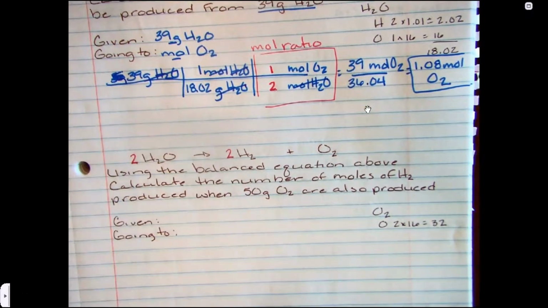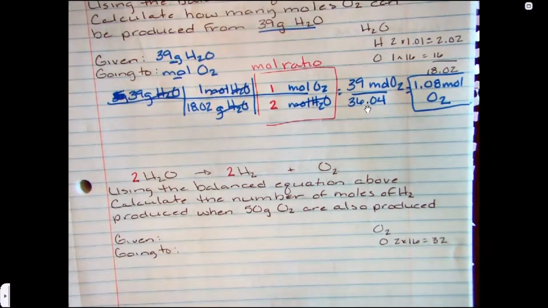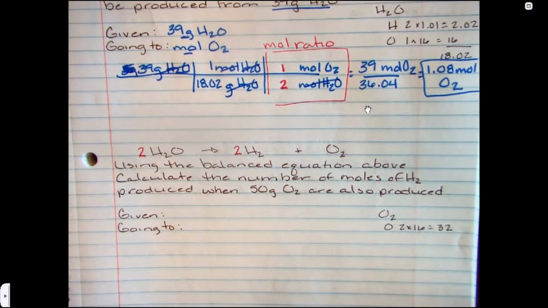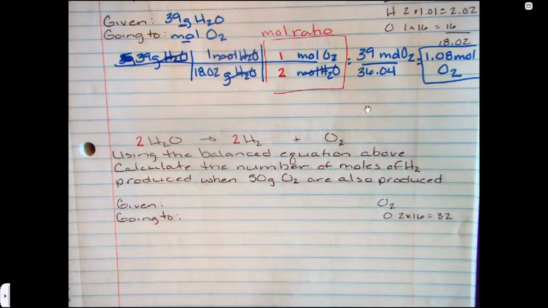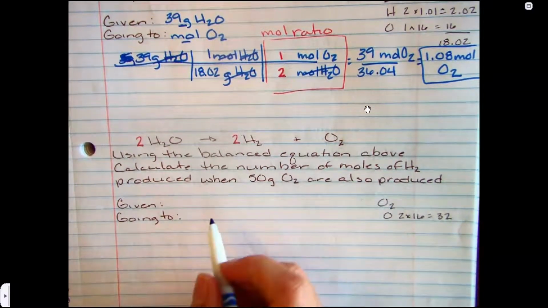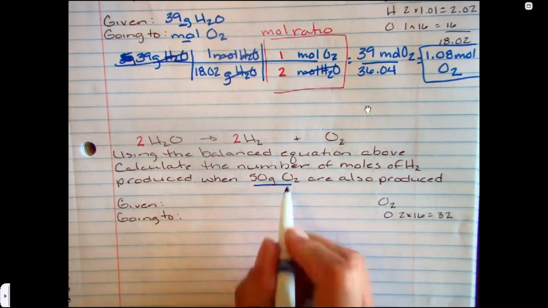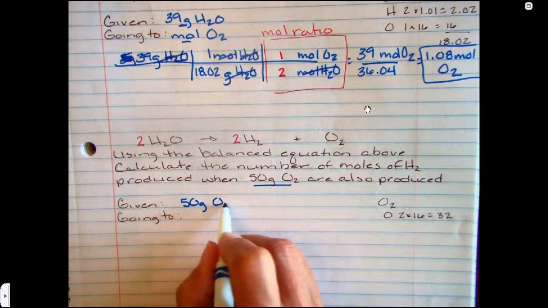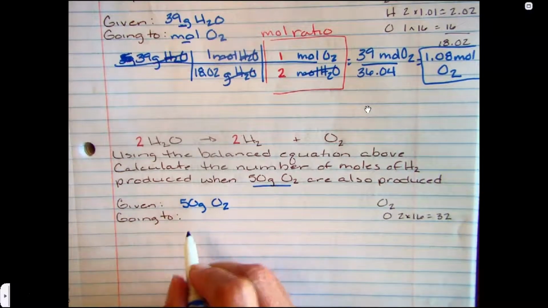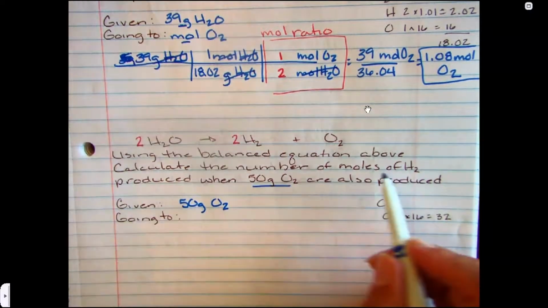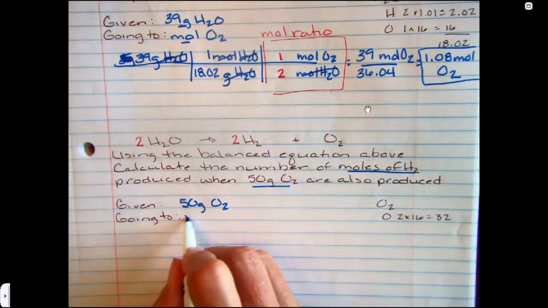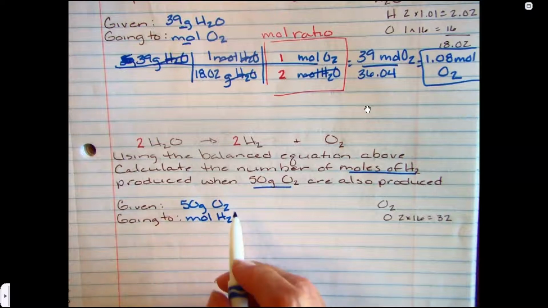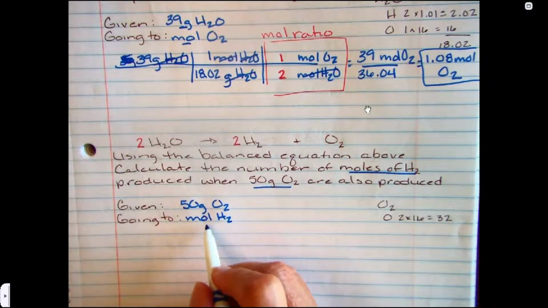So let's look at the second one. I'll try and get this straight for you. Okay, so if we look at our given is 50 grams O2, and we're trying to get to moles of H2. Now again, this is a grams to moles problem, mass to mole.